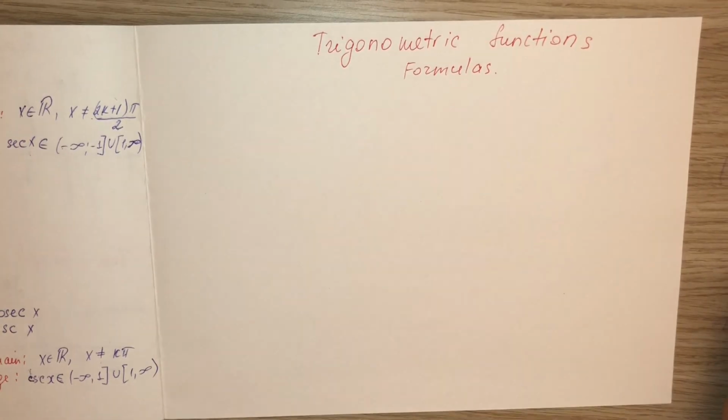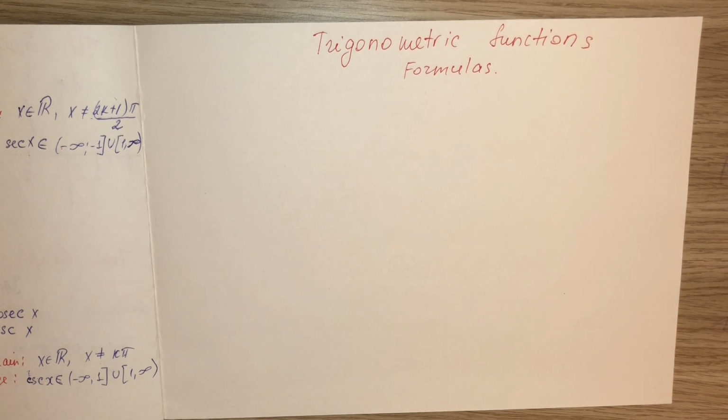Let's continue with trigonometric function formulas. In a right angle triangle we have three sides, namely the hypotenuse, the opposite side which is the perpendicular, and the adjacent side which is the height. The longest side is known as the hypotenuse. The side opposite to the angle is the perpendicular, and the side where both the hypotenuse and the opposite side rest is the adjacent side.